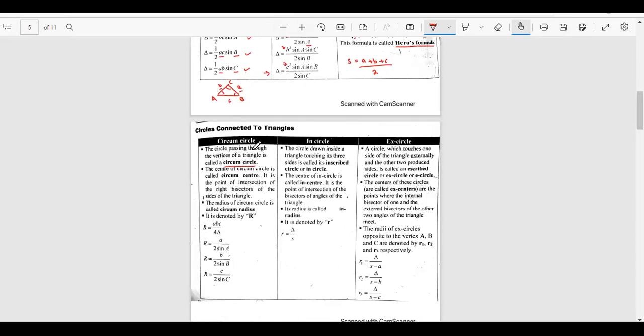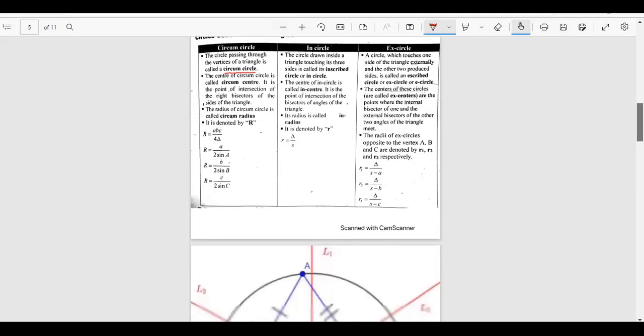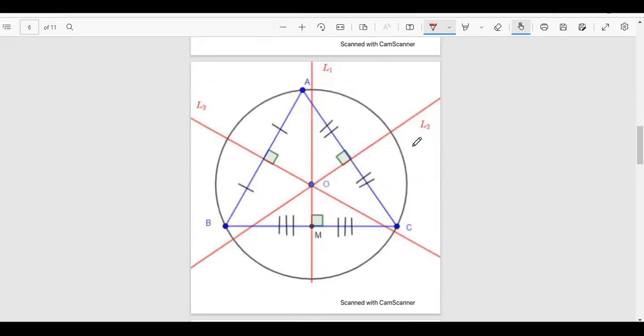It is the circle passing through the vertices of a triangle. This circle is passing through these vertices of the triangle, and the other information was about the center. This center is called the circumcenter. And where exactly is this?